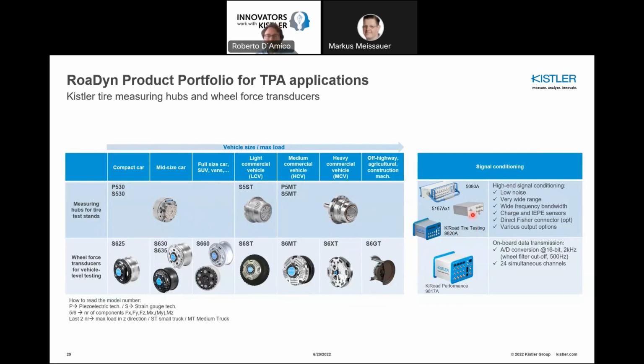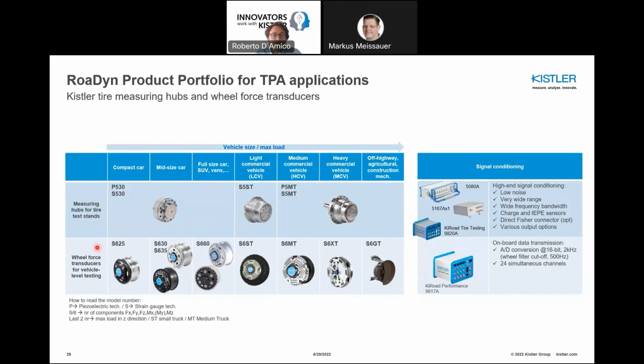These are very high-end signal conditioning products. I didn't go through them in this webinar, but of course part of our product lines are related to signal conditioning. We have a wide variety of signal conditioners which also allow you to condition the charge coming out of a charge sensor, so a piezoelectric sensor.